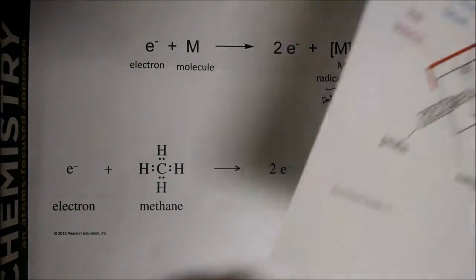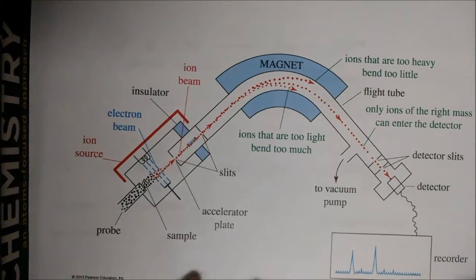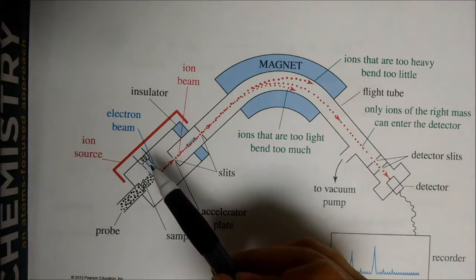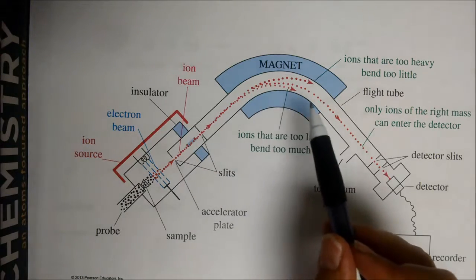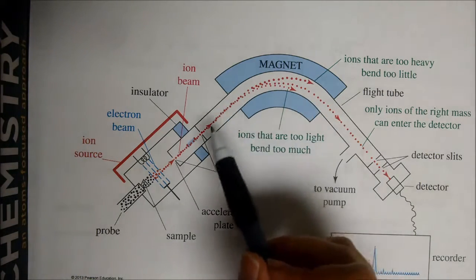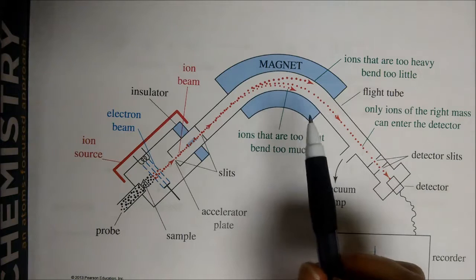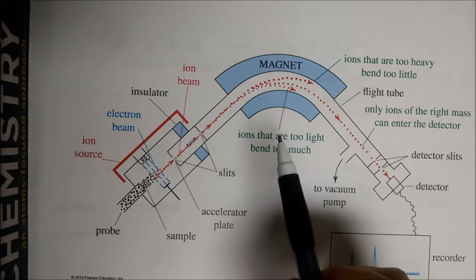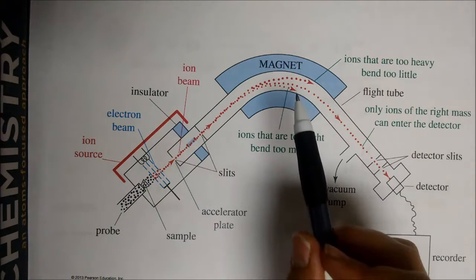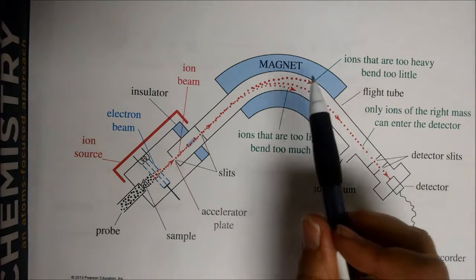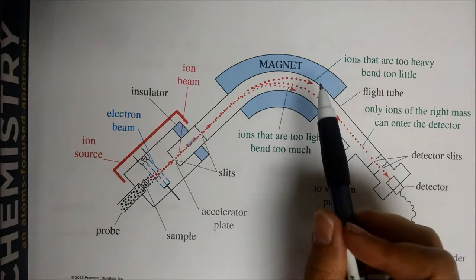So how this works, again, is that after we bombard our sample with electrons, we bend it around this tube, and it separates ions based on their mass. Ions that are too light bend a little too much and hit the wall. Ions that are too heavy don't bend very much.